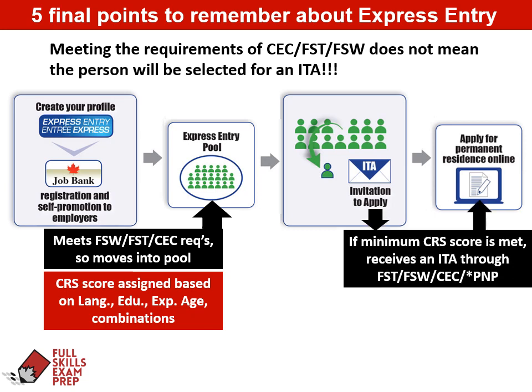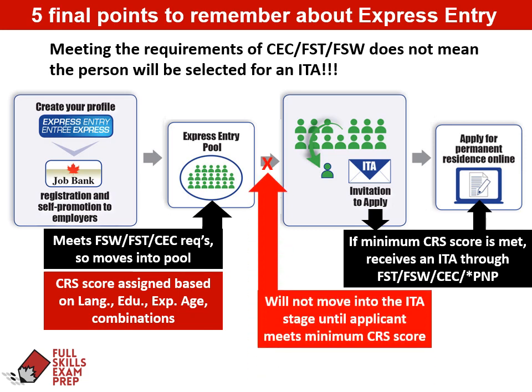Now if the person meets or exceeds the minimum CRS score, that person would receive an invitation to apply through one of these streams. Then that person applies for permanent residence.